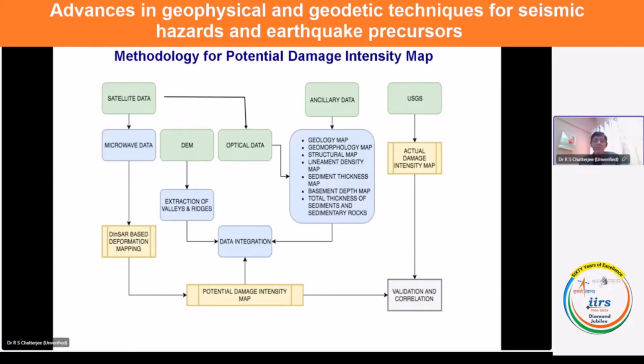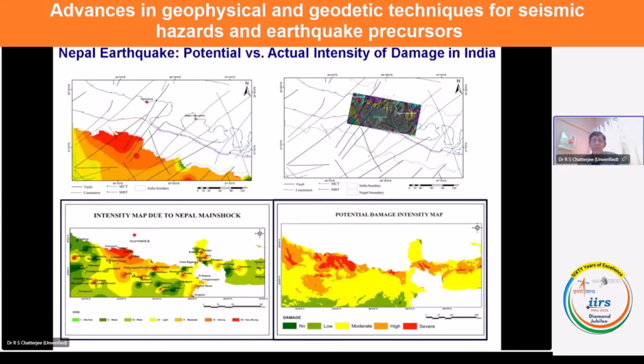Now we can integrate all the in situ conditions and PGA values, liquefaction potential all together. Then we can find out what is the potential damage area. So this is the potential damage. Okay, this is what are the areas, what is the risk of damage, and this is the observed damage. And you can see both are very much agreeable to each other.